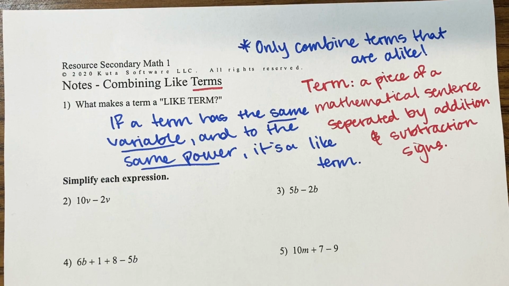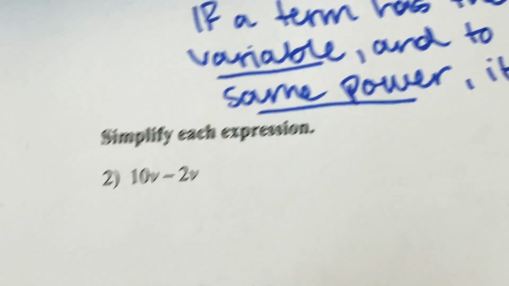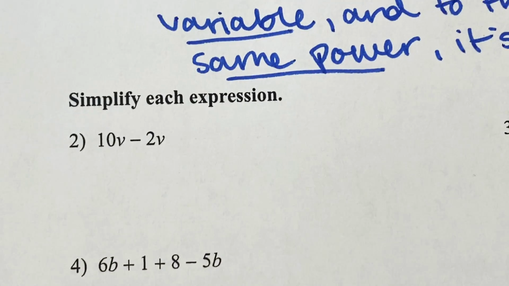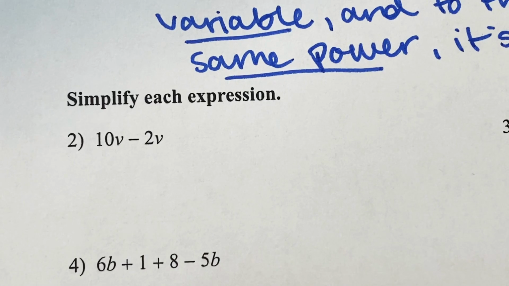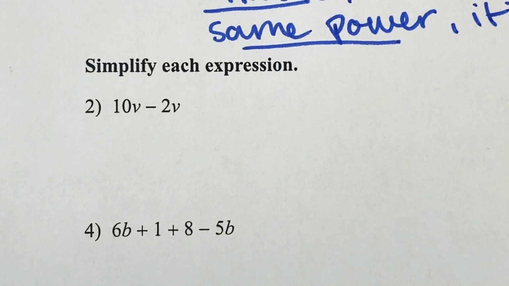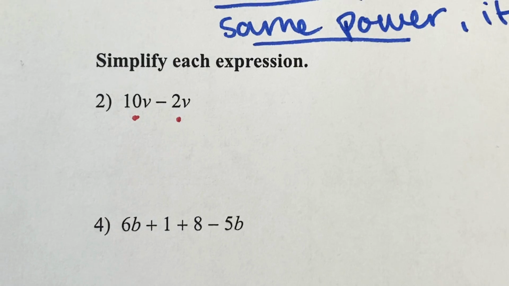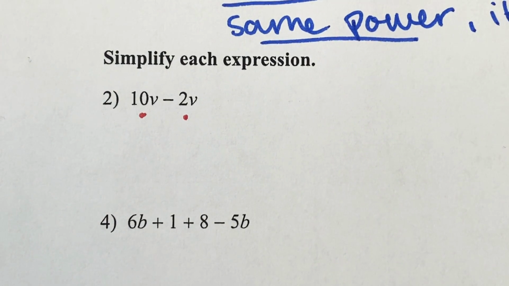Okay, so let's look at our examples. All of today we're going to be focusing on combining these like terms. We're simplifying these expressions, right? It's asking us to simplify the expression, and how we do that is we combine like terms. So let's look at our two terms here. Are these terms like terms?